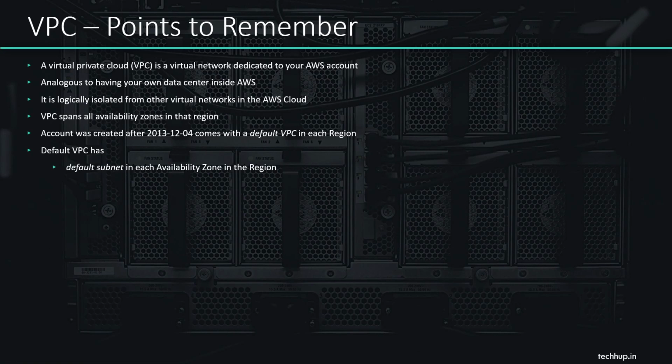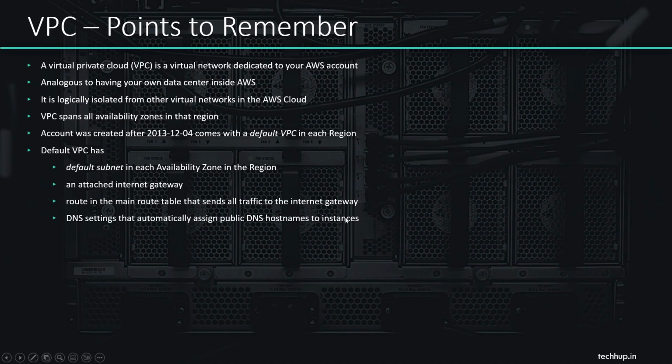The default VPC has a default subnet in each availability zone in the region, an attached internet gateway, a route in the main route table that sends all traffic to the internet gateway, and DNS settings that automatically assign a public DNS host name to instances.